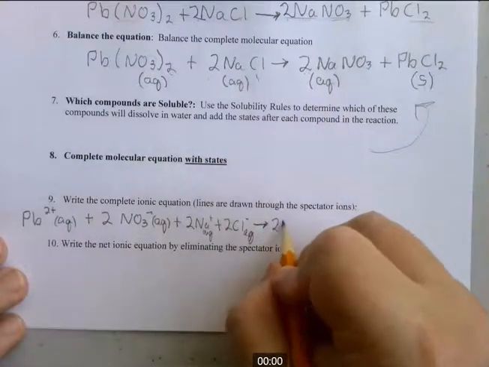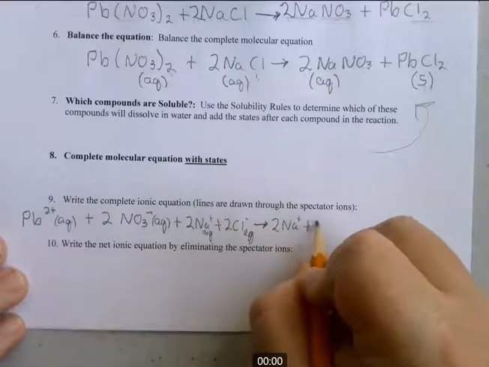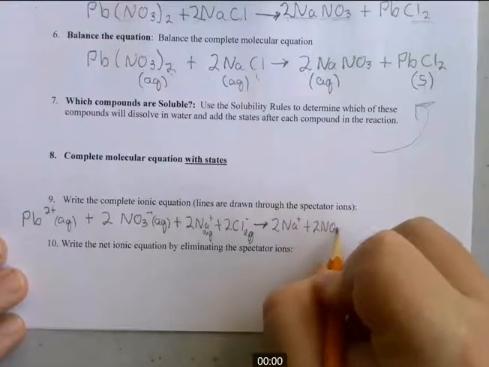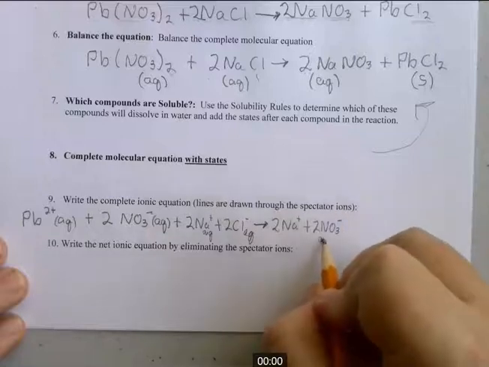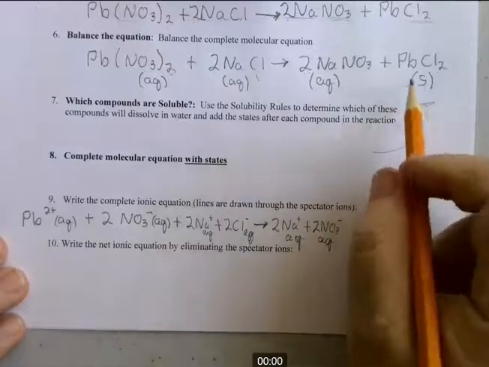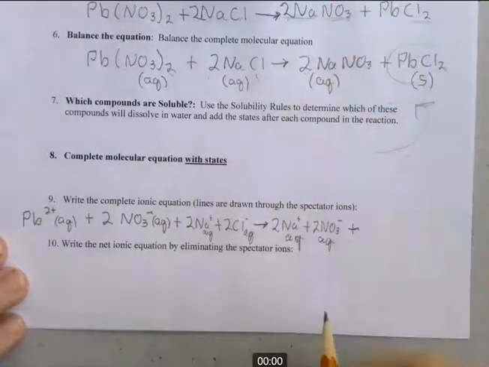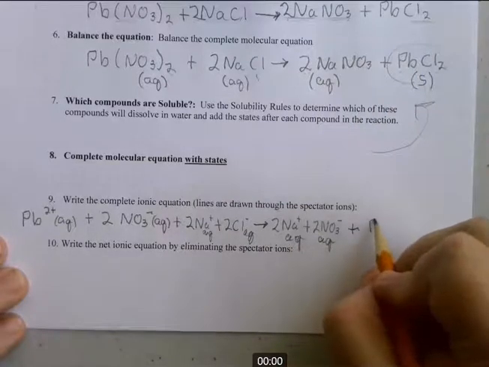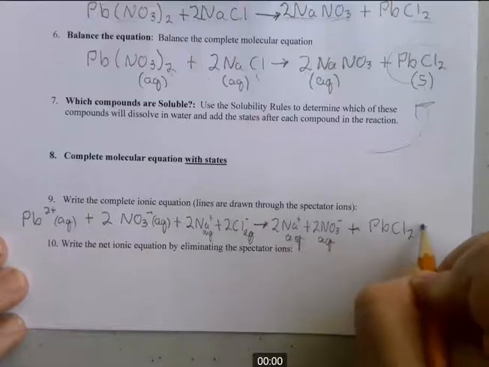So again, 2 Na plus, 2 NO3 minuses. And those are aqueous. And finally, you've got your precipitate, which you don't write separately because it does actually stay together. That's PbCl2, solid.